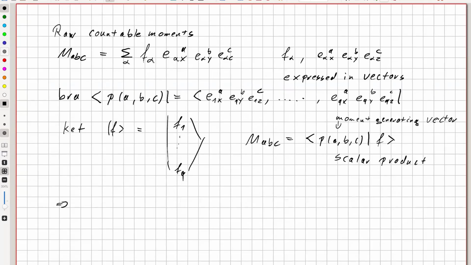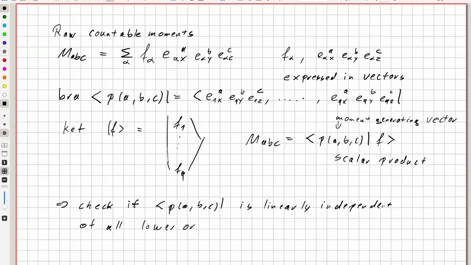Now it has been done in that particular way. We check if P_abc is linearly independent of all lower order vectors.